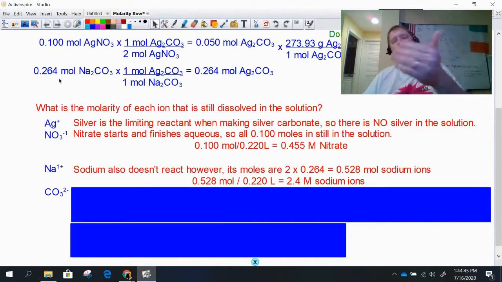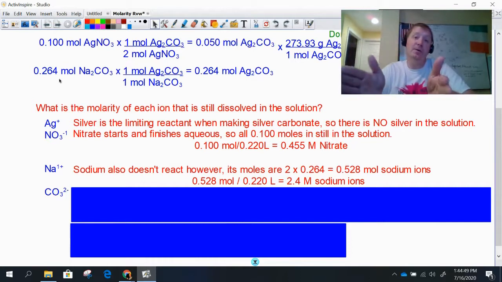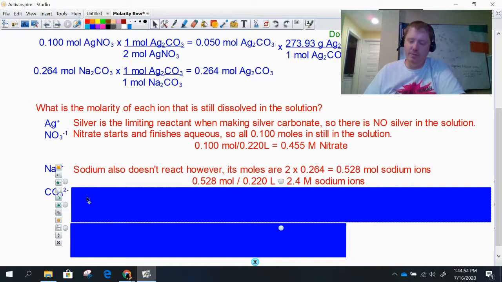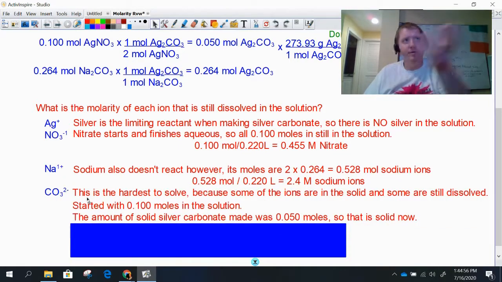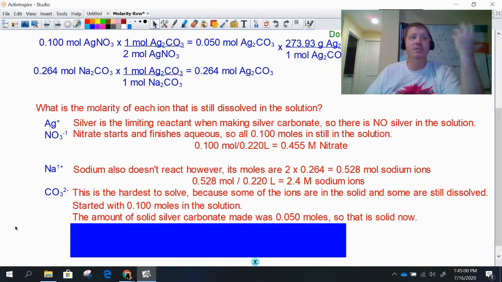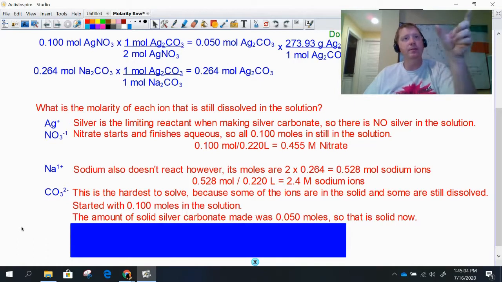So some of the carbonate is in the solid and some of the carbonate is still floating around. It's in 2 spots. So this is the one we have to be careful with. So first of all, and that's what I drew. The hardest one to solve. Some of the ions are in the solid, some are still dissolved. We started with 0.1 moles in the solution. So 0.1 moles were floating around.